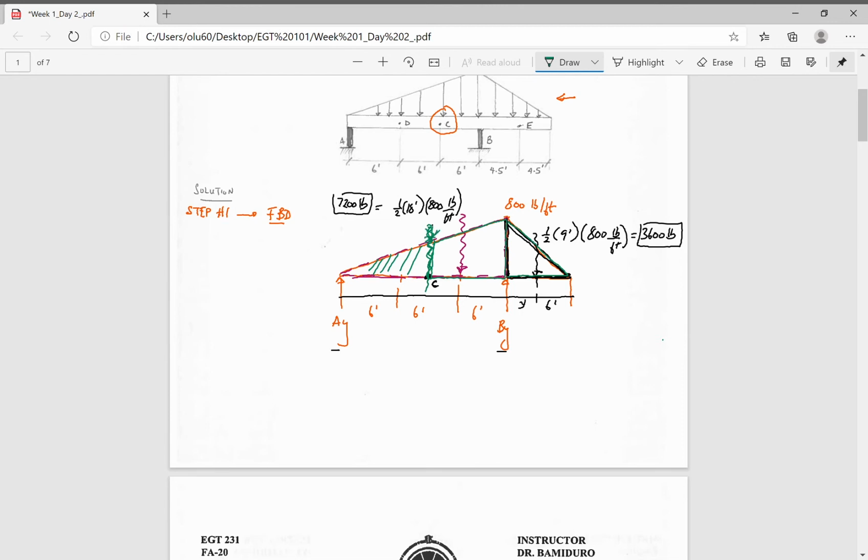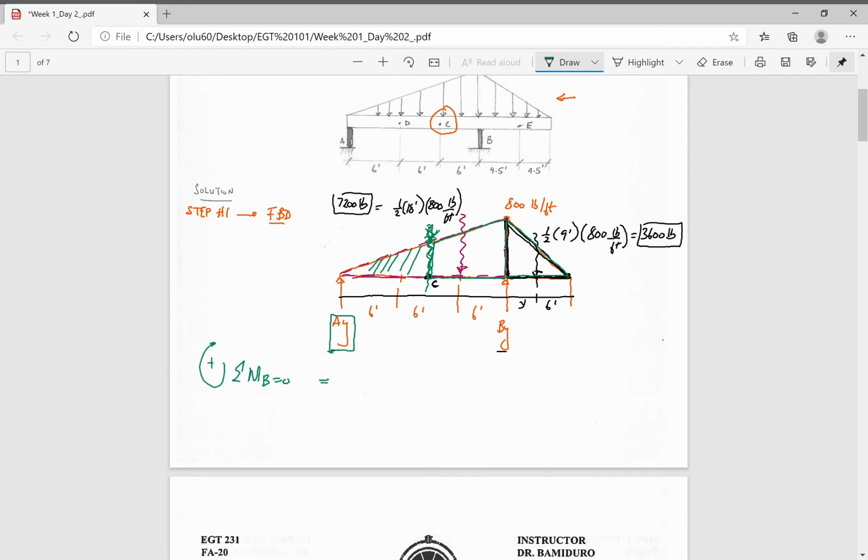So let us first take care of finding the support reaction AY. If that's the case, we want to find the sum of the moments about point B equals 0.